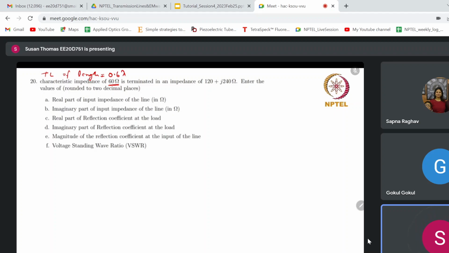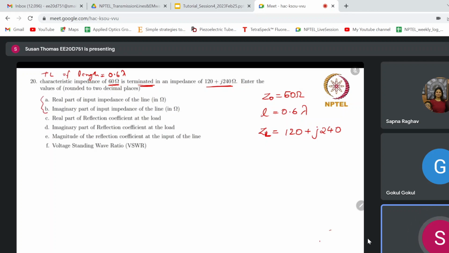So we have two details, 60 ohm characteristic impedance and length 0.6 lambda, and it is terminated in an impedance, your load, 120 plus j240. Enter the values of the real part of the input impedance of the line. You have ZL and Z0 and you also have the length L.